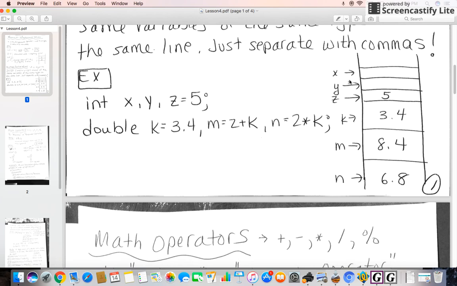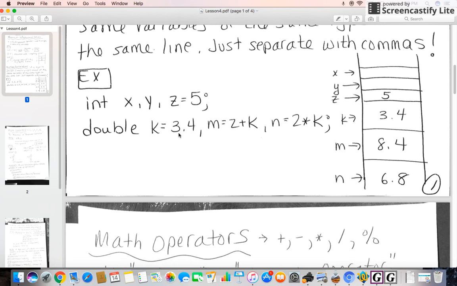In memory, Java reserves a location for an integer and assigns it the variable x. It reserves another location to store another integer, and y points to that location. In the third, Java reserves a location to store another int that it will refer to as z, and in that location we put a 5. Only z gets the 5 in it.